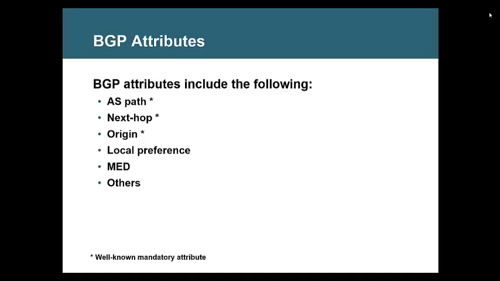Updates should have all that is marked as well-known mandatory, whether it is from a Cisco device or Juniper device or HP device or Huawei device. It should be seen along with the network. This information is also carried. That's why BGP updates are big. The next hop is nothing but the address of the eBGP neighbor.